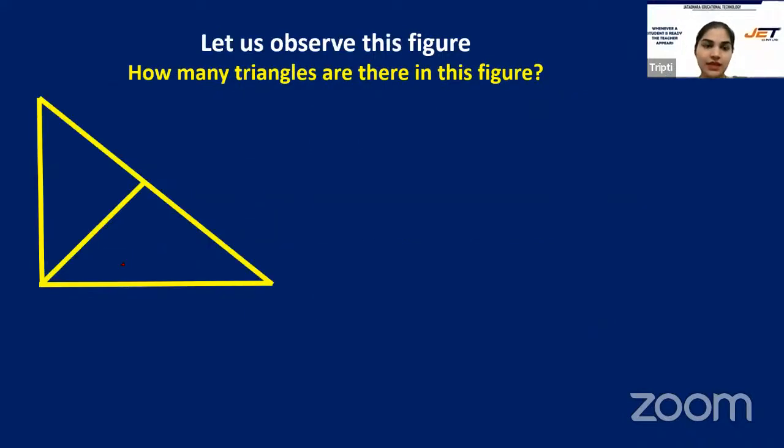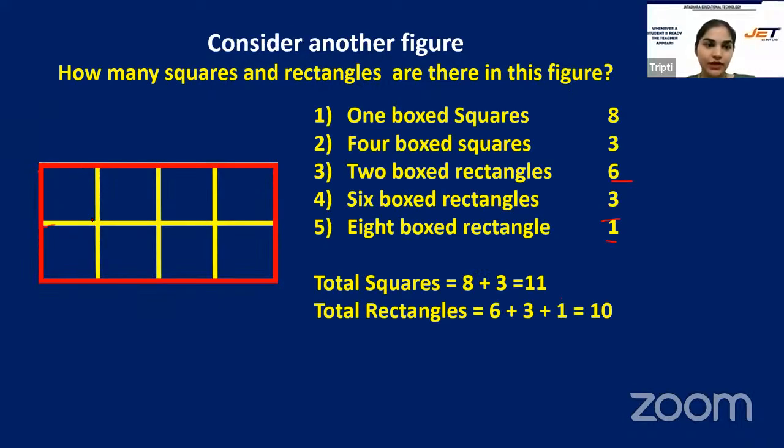If you see this one, 1, 2, 3, a 3-box rectangle. And then this again 1, 2, 3, 1, 2, 3. 4 more rectangles are formed. Okay, 3-box rectangles.